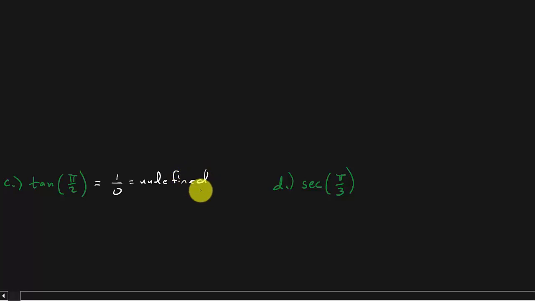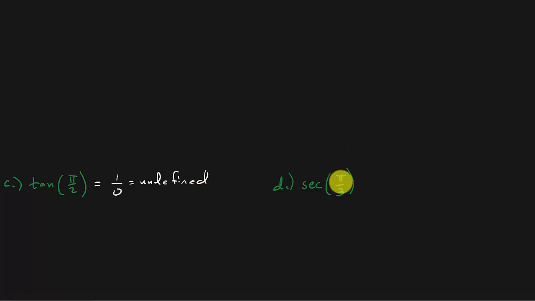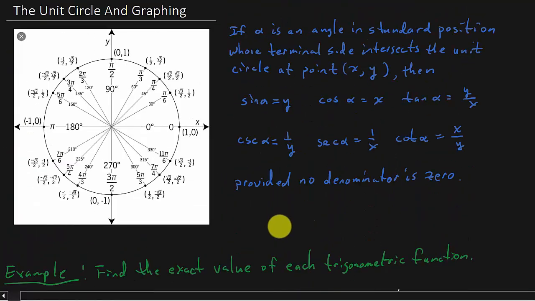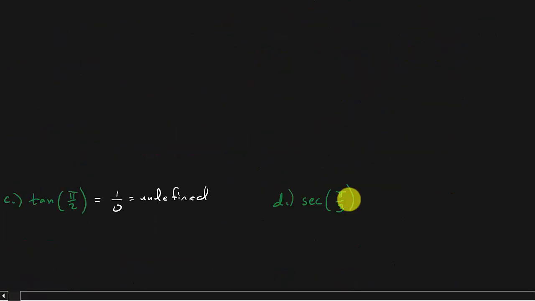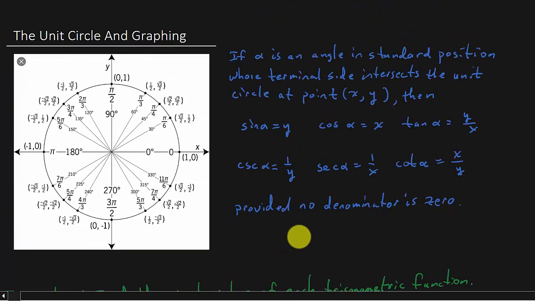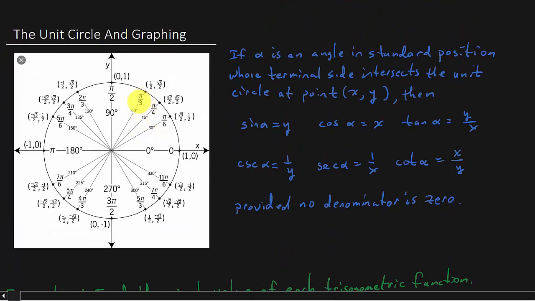Okay. Now what about this? Secant of pi over 3. Well, what is secant? Secant is 1 over x. So we come here to pi over 3, and remember, it's the x value, right?